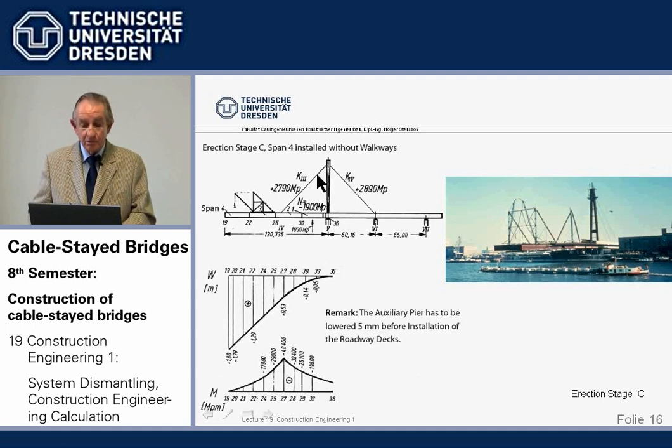Now, we go on cantilevering out the beam until we come to the next cable anchor point and can install the next cable. And we see already here that's a considerable length. You see it here, the situation on site.